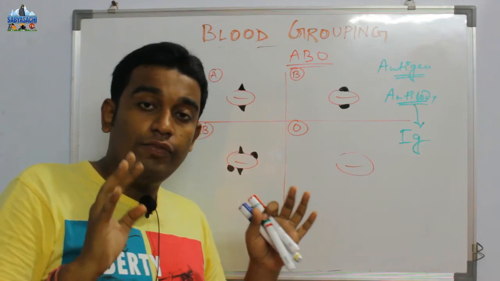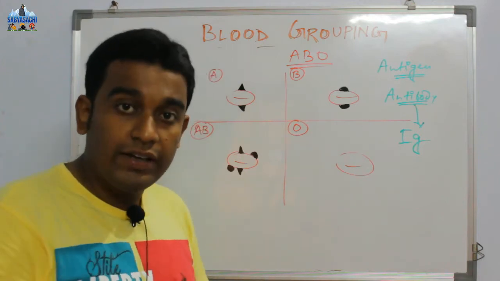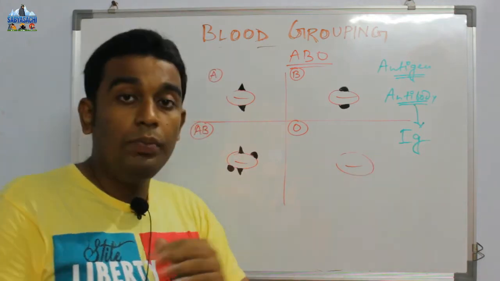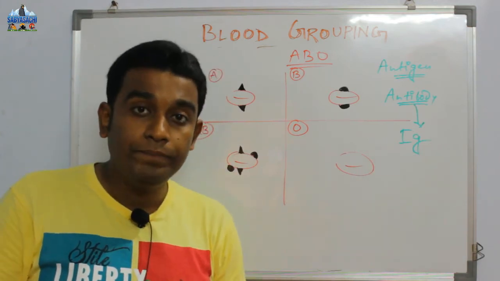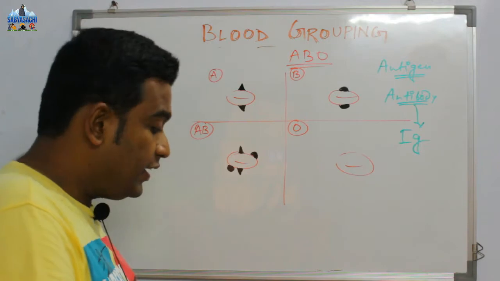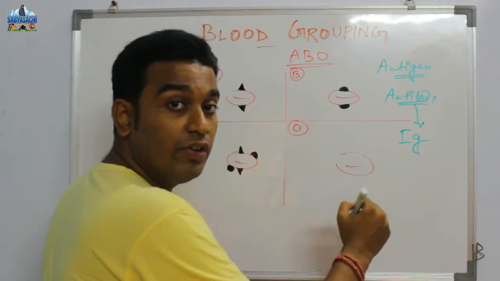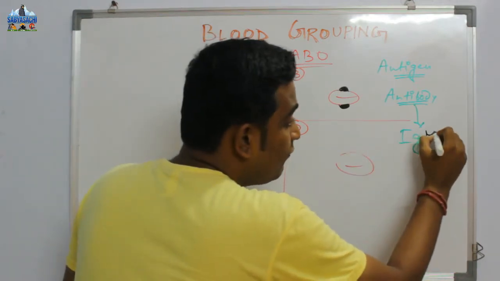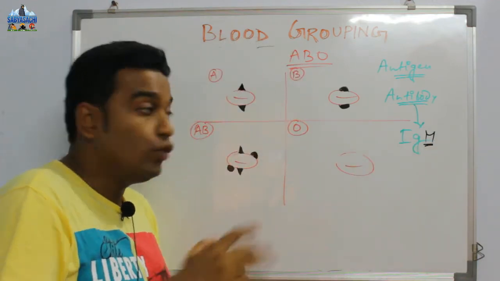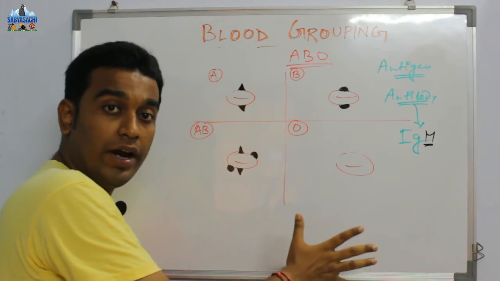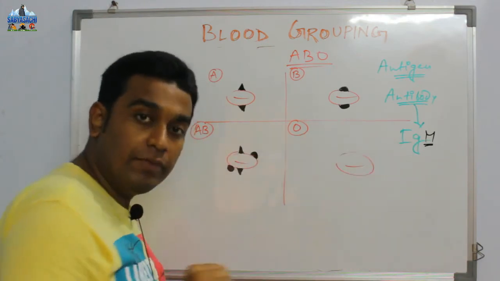These are the 4 major protein factors of your blood. So one of them is a globulin. So here you will find the immunoglobulin, and typically you will have which class of immunoglobulin? You will have immunoglobulin M. So whatever antibody you will have in your blood, it will be of IgM class type.